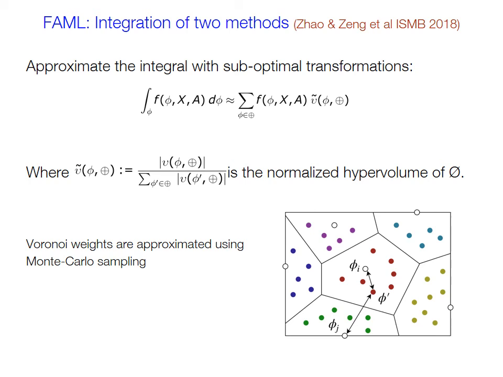This method essentially uses our previously invented fast alignment method to populate a number of suboptimal rigid transformations and uses them to approximate an integration operation for such a maximum likelihood estimation.